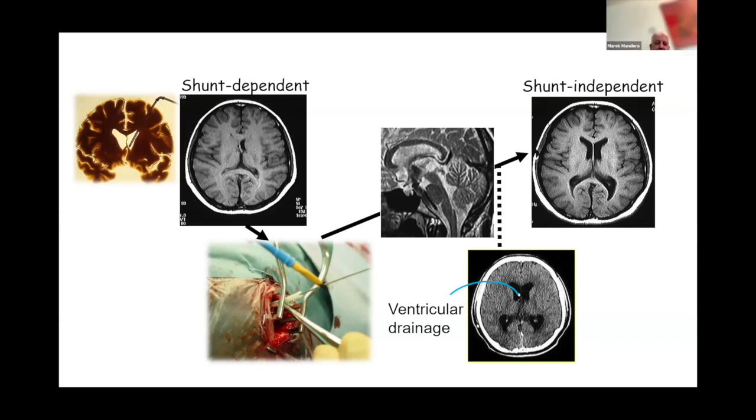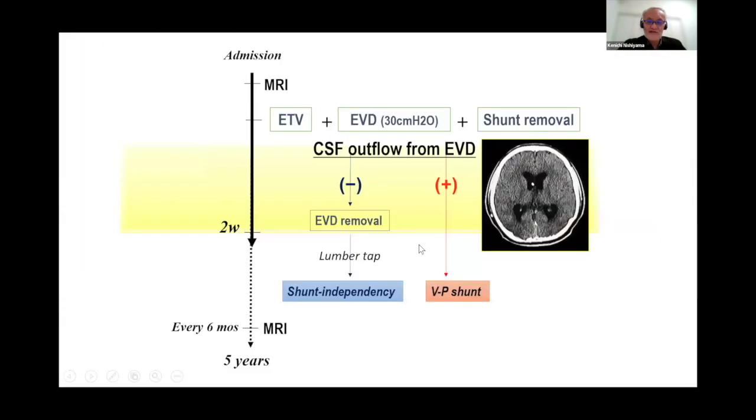I inserted an EVD and measured CSF drainage volume in anatomically obstructive hydrocephalus cases. In this study, the EVD was set at 30 centimeters of water pressure and measured up to a maximum of 2 weeks.